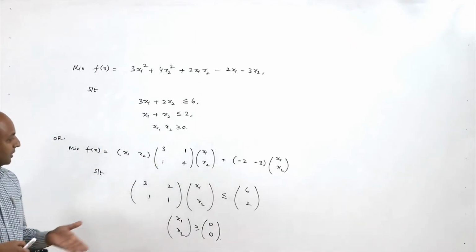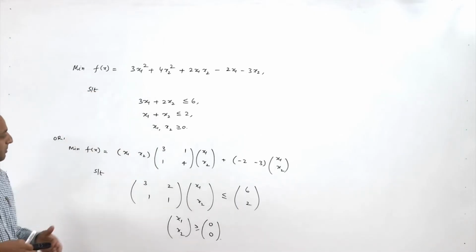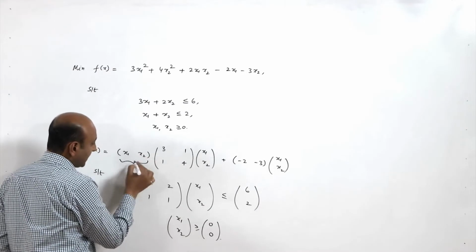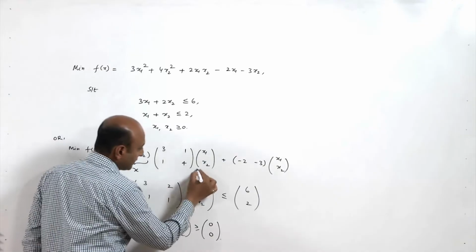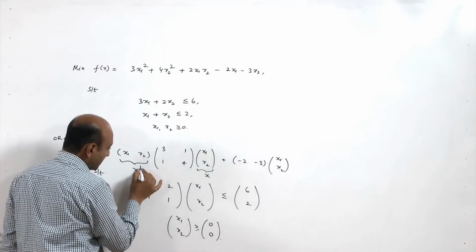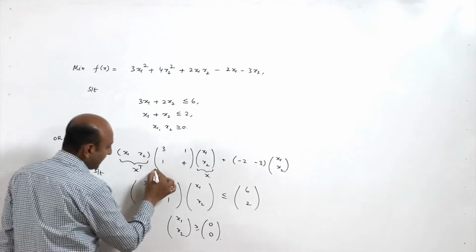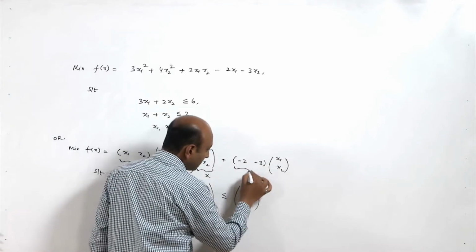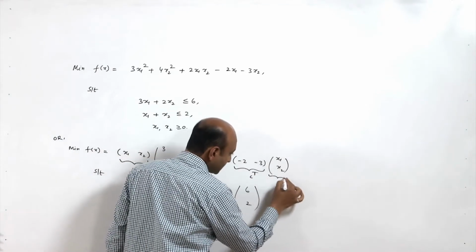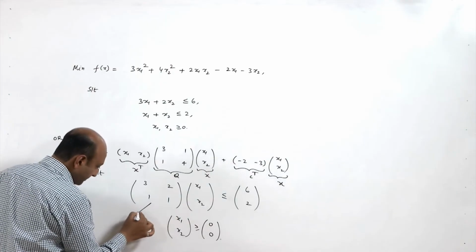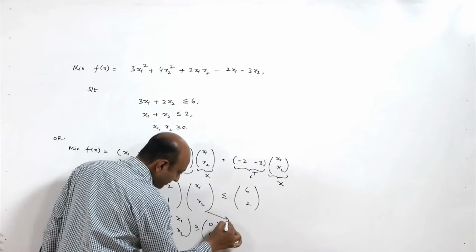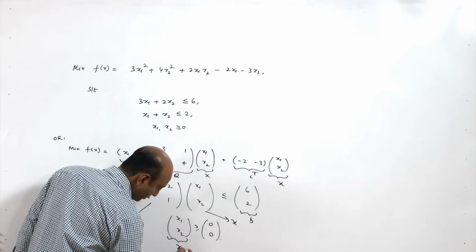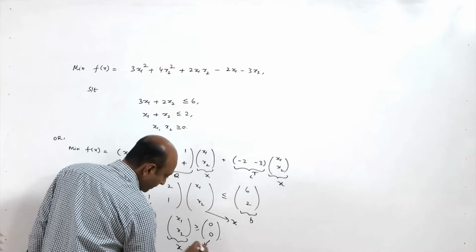Here, if you observe this problem, if we take this as x, then this is x transpose, and this we can take as matrix Q, this is c transpose, this is x, this is matrix A, this is vector x less than or equal to vector b, and this x is greater than or equal to 0, the zero vector.